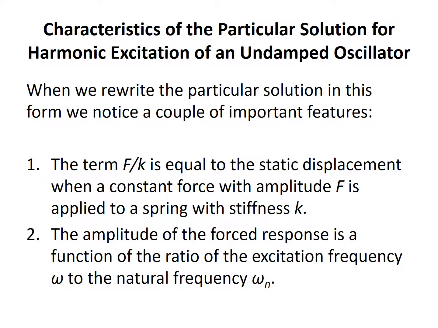And again, if you look at the units of F over k, you'll find that the units are in displacement, which makes sense. The other important feature of the response is that the amplitude of the forced response is a function of the ratio of the excitation frequency omega to the natural frequency. So what we would expect is the amplitude is going to change as the excitation frequency changes relative to the natural frequency omega sub n.